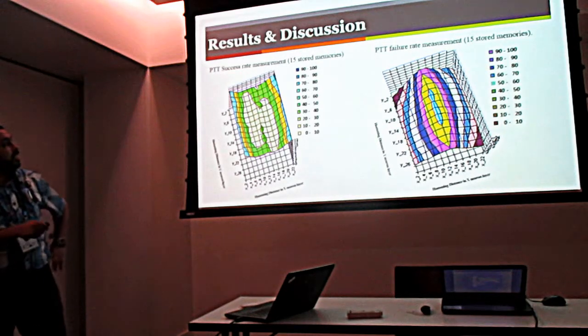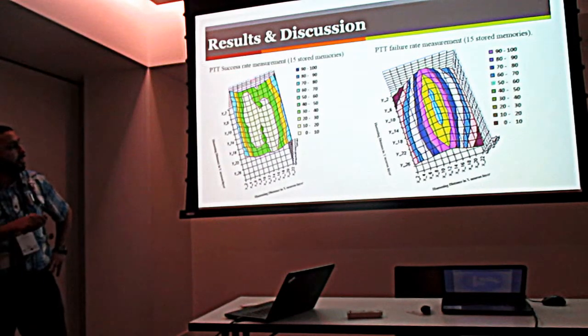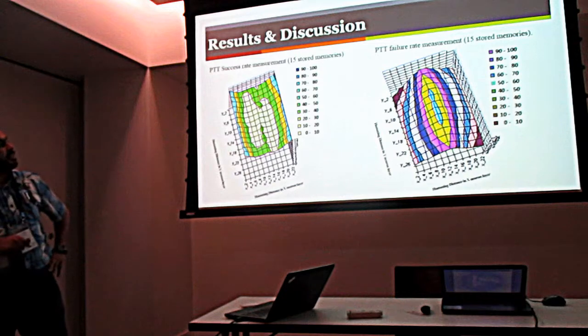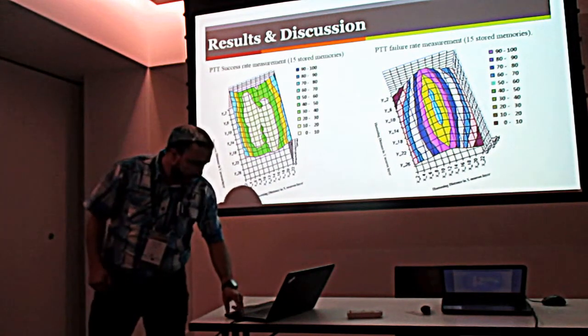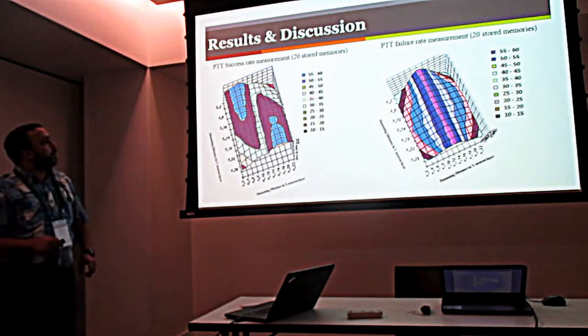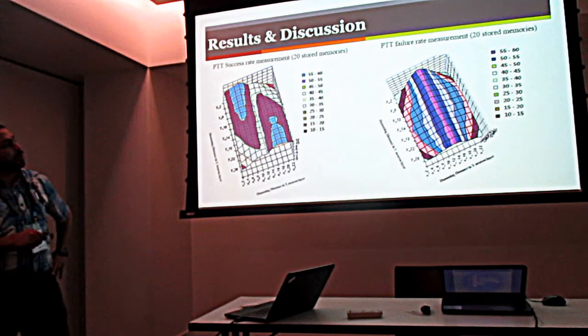As we now increase the number of memories, the success rate, even at the borders, goes down and the failure rate increases. That makes sense. And the last one, we are getting now to the 50s, when we store 20 memories.